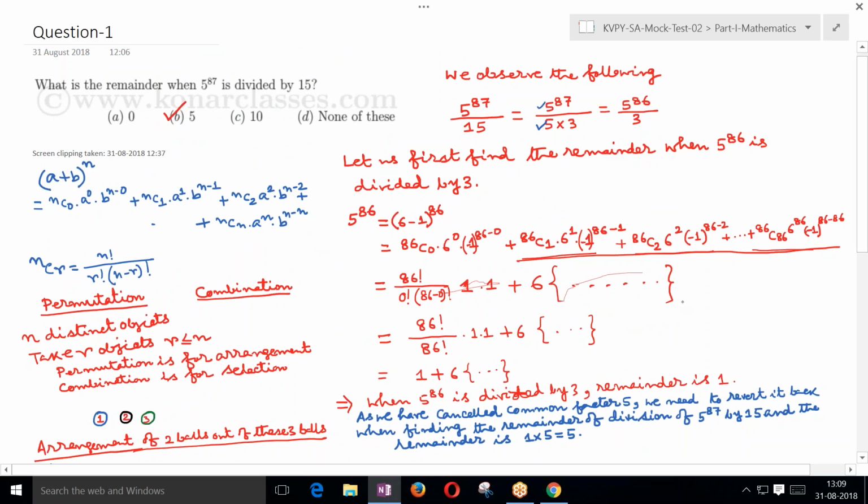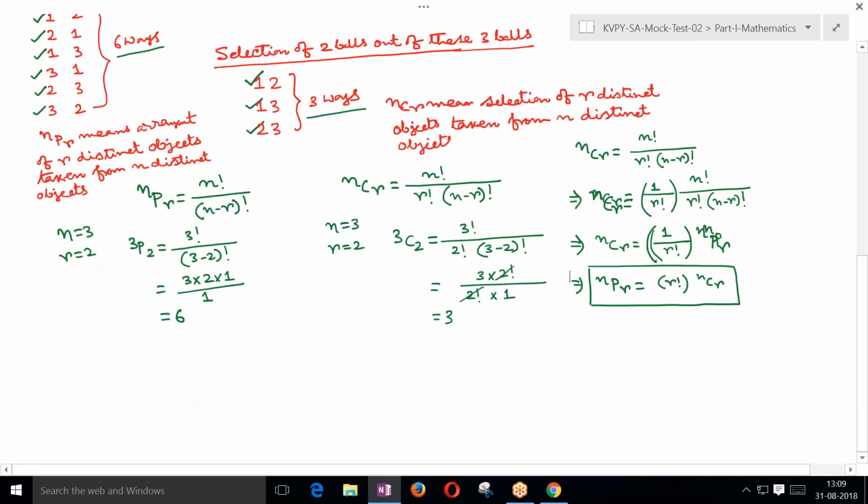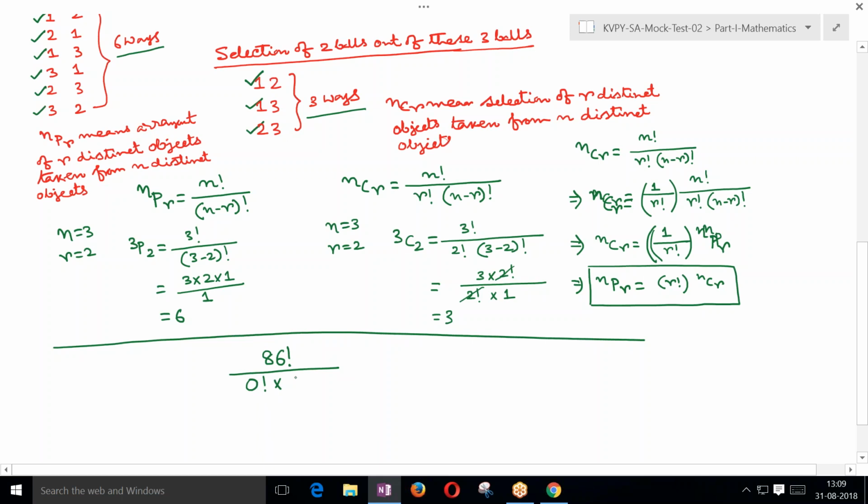You are asking how 86 factorial by 0 factorial into 86 minus 0 factorial becomes 1. How did it become 86 factorial by 86 factorial?